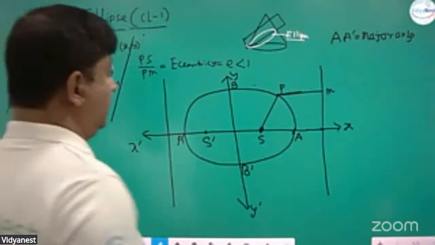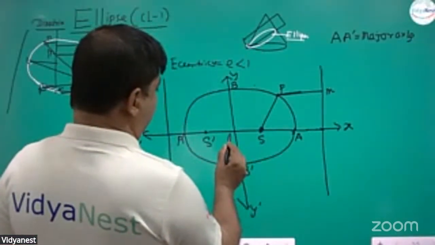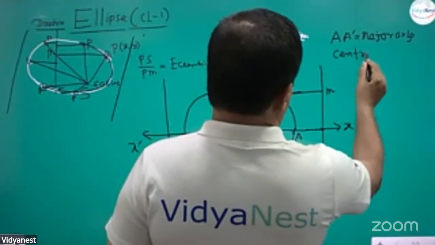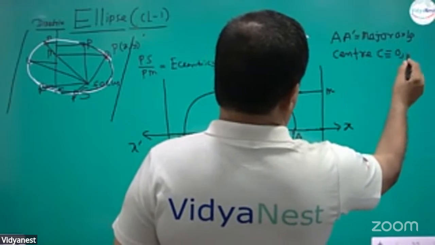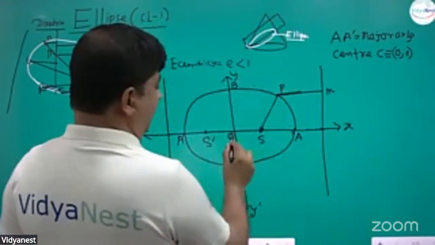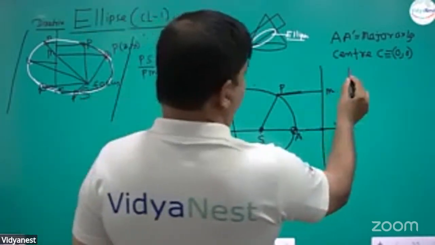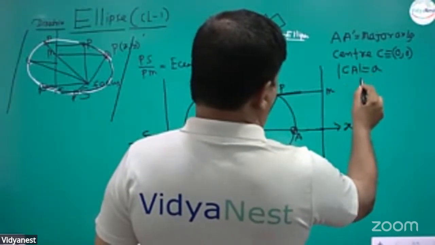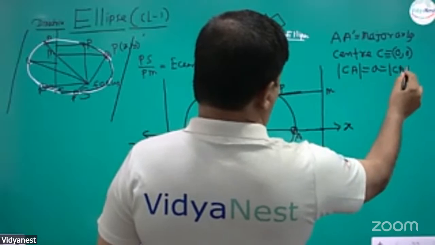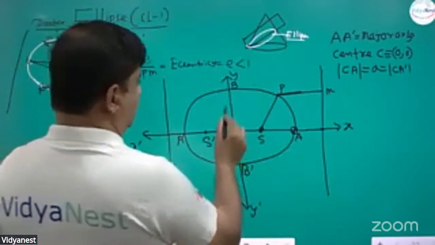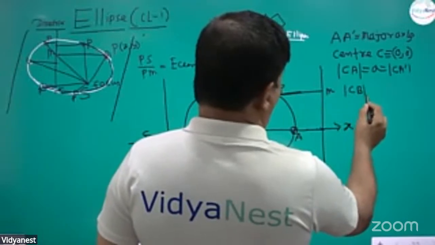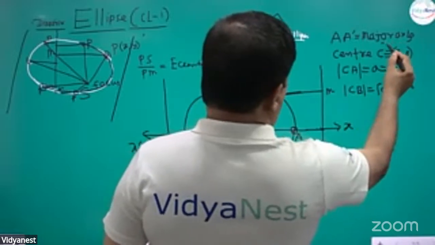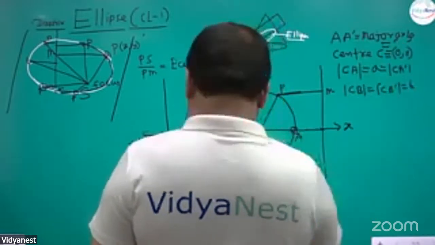Now, its length: let C be the center. Center C is origin, and I am letting the length CA equal to A, CA dash, A, CB, CB dash magnitude is B. So major axis length is what? 2A.